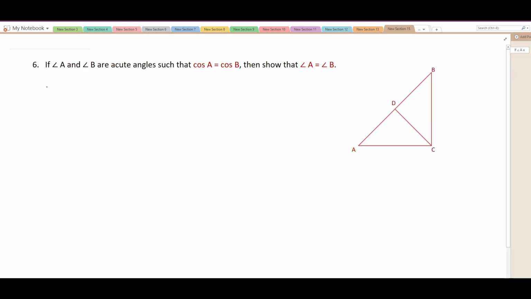Now we solve question number 6. Solution. Here you consider a triangle ABC, where DC is perpendicular to AB. So angle ADC is 90 degrees and angle BDC is 90 degrees.